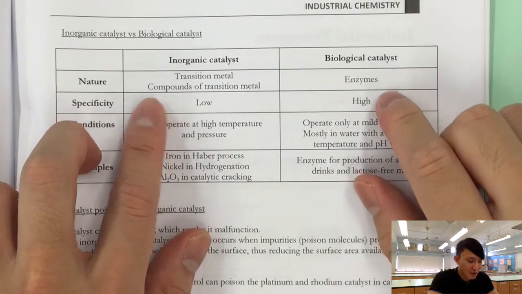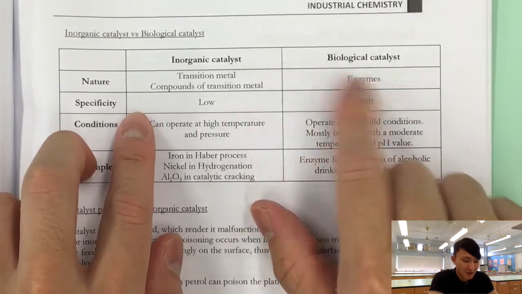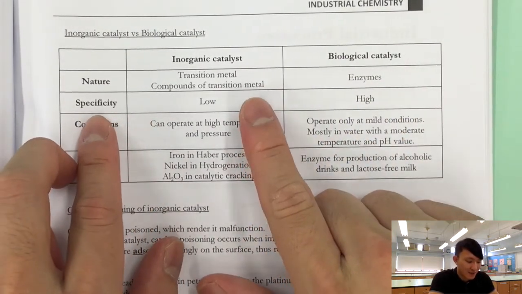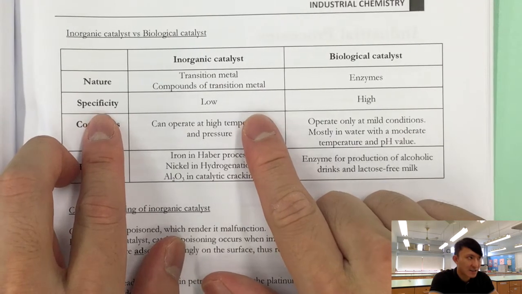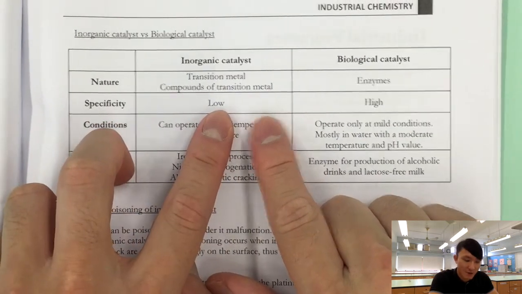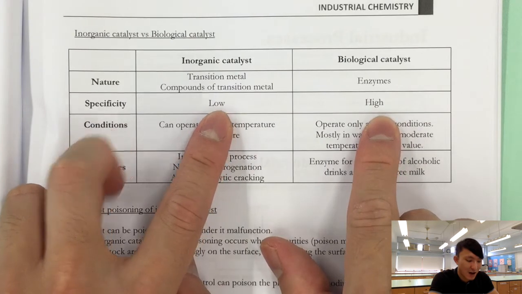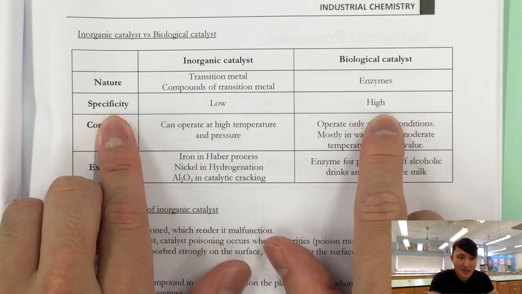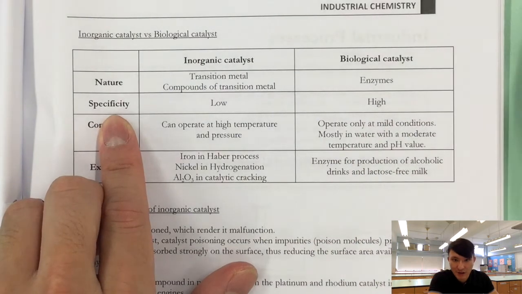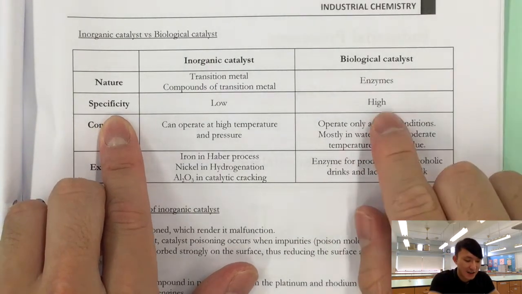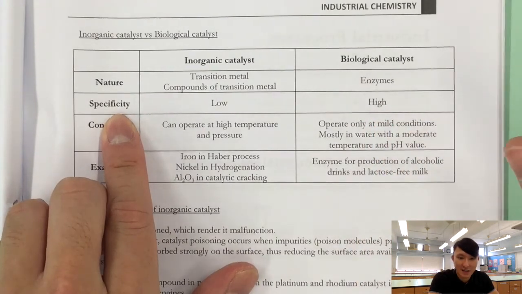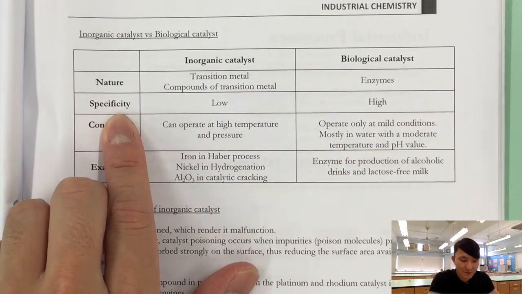Okay? So when we try to compare these two types of catalysts, we say that inorganic catalysts are less specific in action, whereas enzymes are highly specific. Specific means whether or not it catalyzes one reaction only. So if it has a high specificity, that means the catalyst will only catalyze one reaction only.